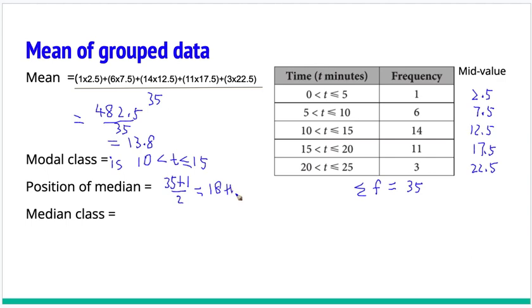So it's the 18th score. Here we count 7, and the 18th score belongs here. So the median class is 10, which is the same as the modal class.